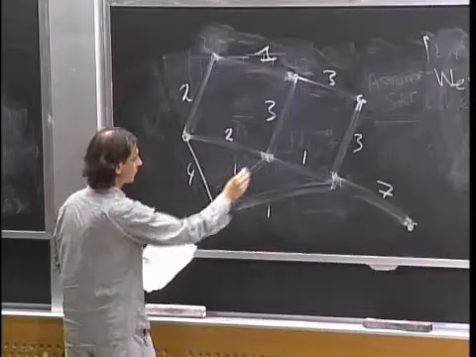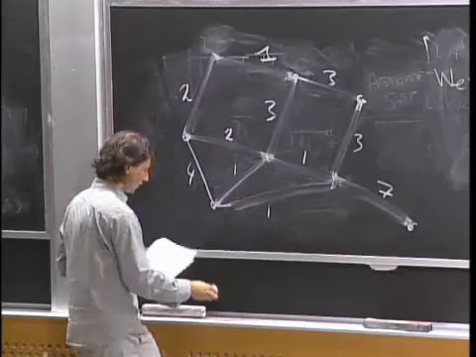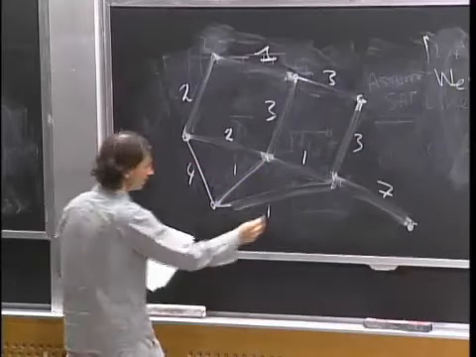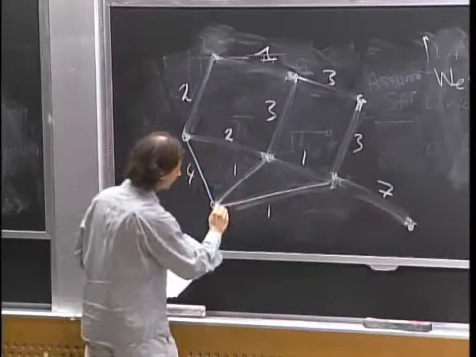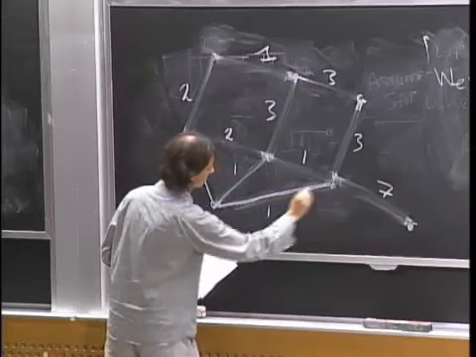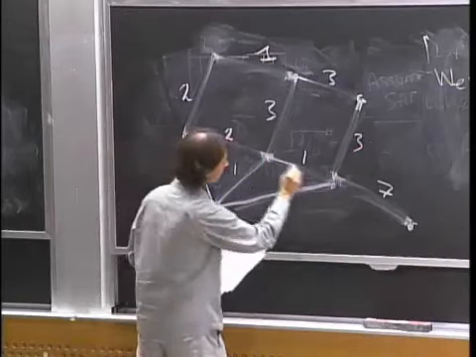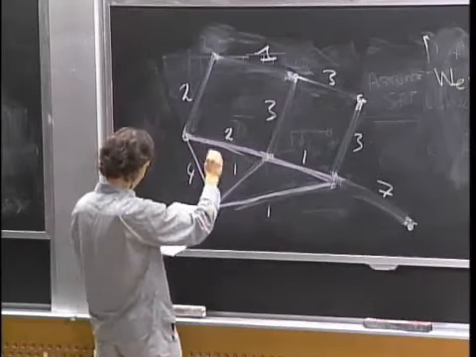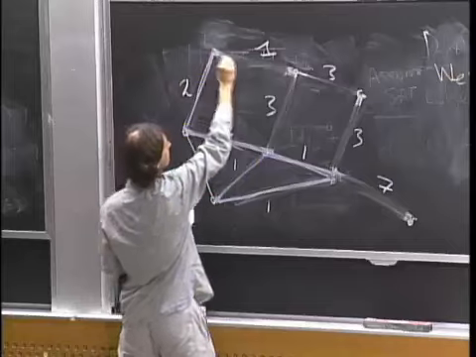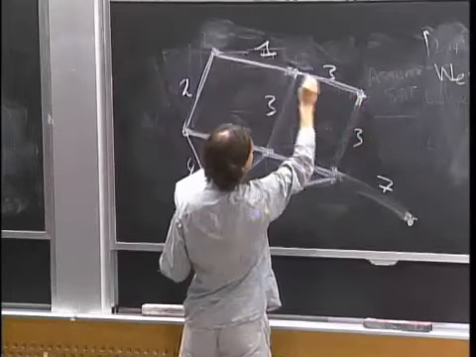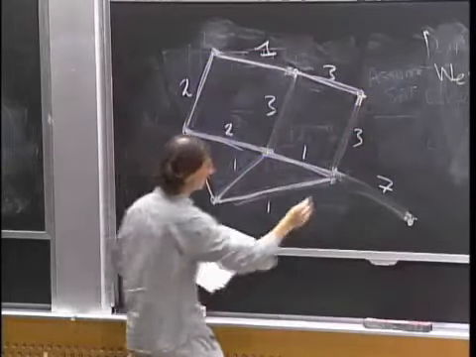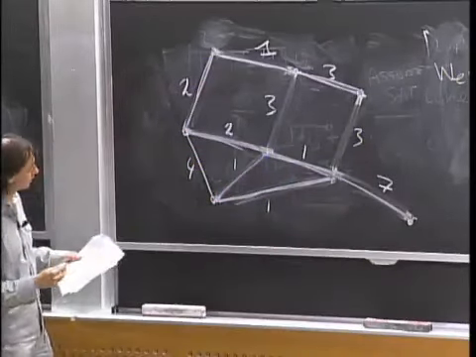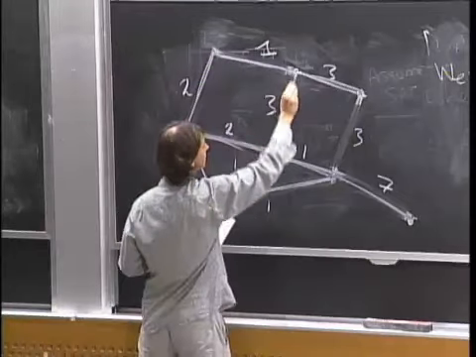Let's use red over here. I hope this is visible. So we have red, this one, and this one, and this one, and this one, and this one. This is going to be the spanning tree that I'm going to look at. This is also weight 17.